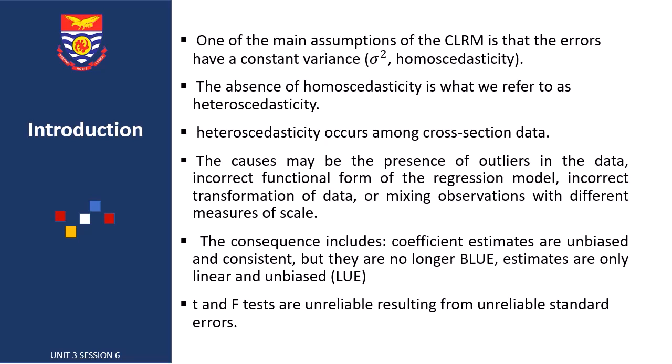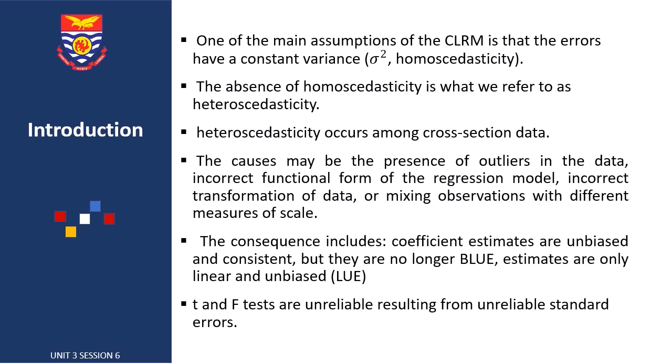So we have to be careful when we are modeling or estimating our models with some of these variables. The consequence of heteroscedasticity also includes that the coefficient estimates are no longer best unbiased, because we said that the regression analysis should be BLUE, which is the best linear unbiased estimate.